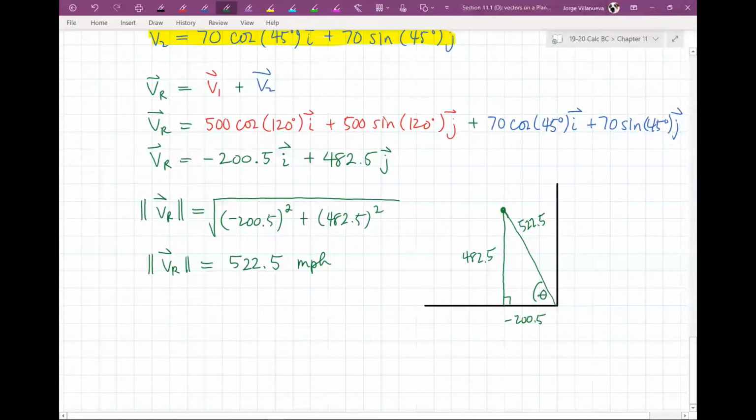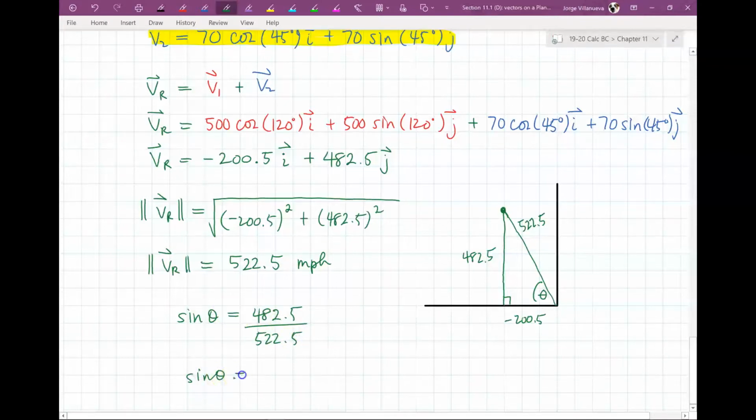okay, I could use, let's say, sine or cosine or whatever, right? It doesn't really matter which one I want to use, but let's just use sine, because that way I don't have to worry about the negative portion of it. So let's see. Sine of theta would be 482.5 over 522.5.